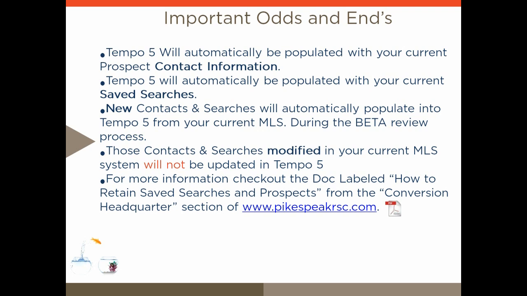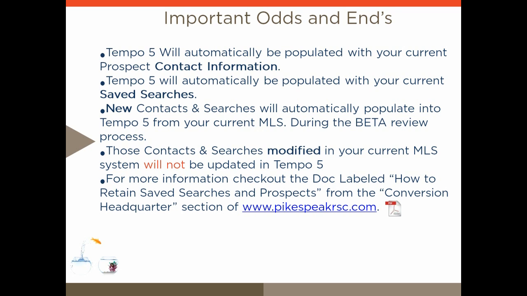Now, for more information on all of this, feel free to go to the document labeled How to Retain Saved Searches and Prospects from the Conversion Headquarters section of www.pikespeakrsc.com. So again, on that website we referred to earlier, there is a section called Conversion Headquarters, and in there are several different documents and videos available for you to review that should really help you during this transition period.